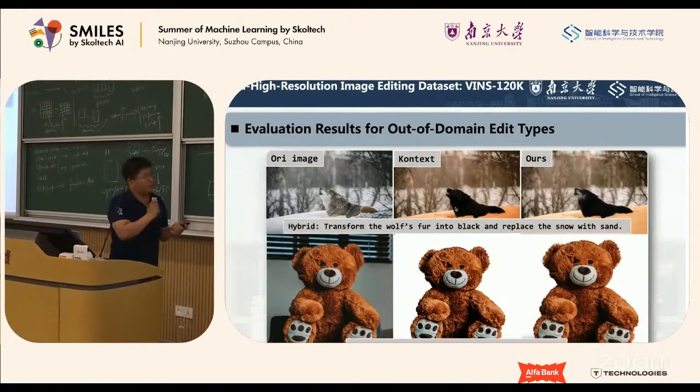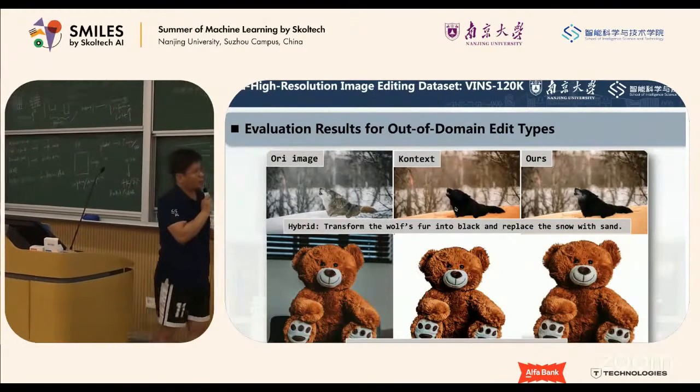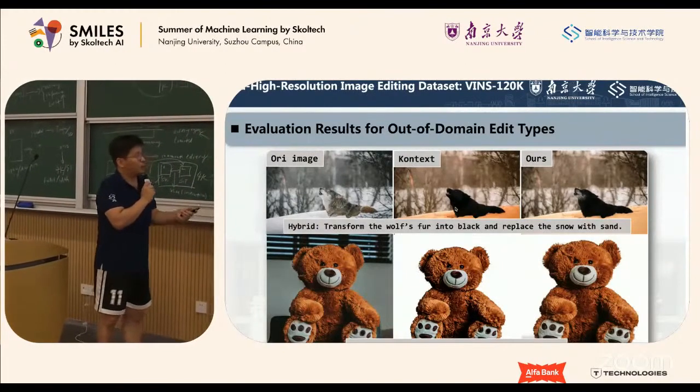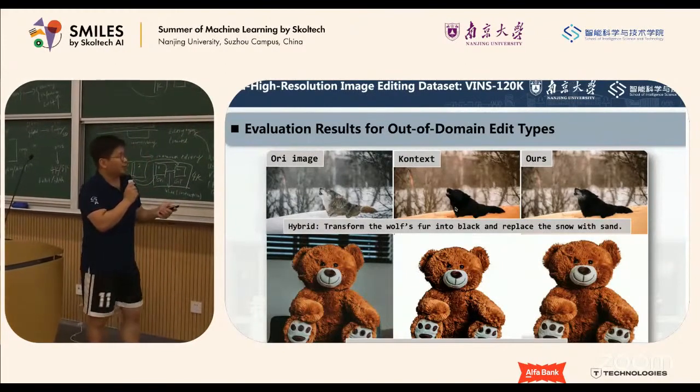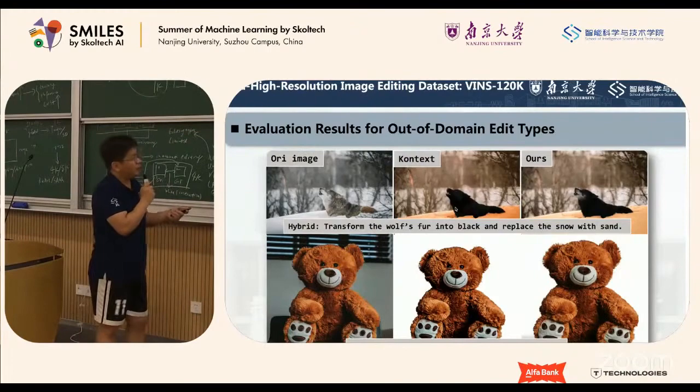In the first one, the hybrid transformation, there are two instructions in the prompt. So you can see that. The first instruction is to transform the wolves into black, this part, right? And the second one is to replace the snow with sand.